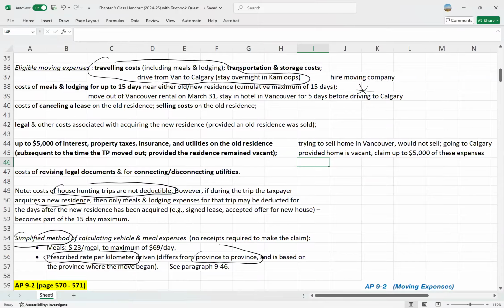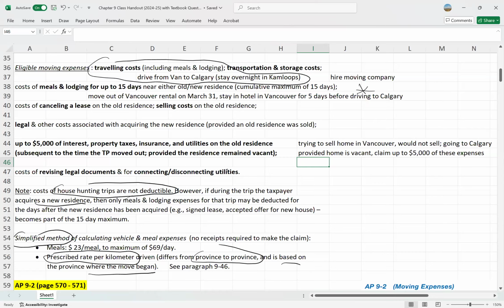And so if you're moving from Vancouver to Calgary and you decide to use this prescribed rate per kilometer to calculate your mileage, you just have to figure out the distance, and then you can use the BC prescribed rate because it's always based on where the move began, not where the move is going to. So you would use the BC prescribed rate per kilometer to figure out what your traveling costs were when you drove from Vancouver to Calgary.